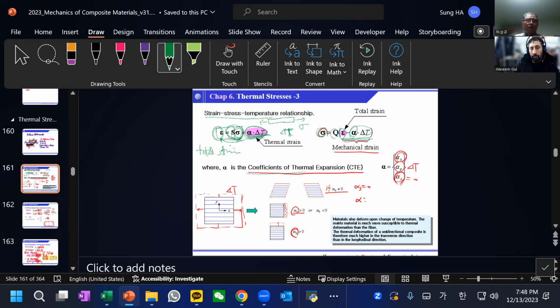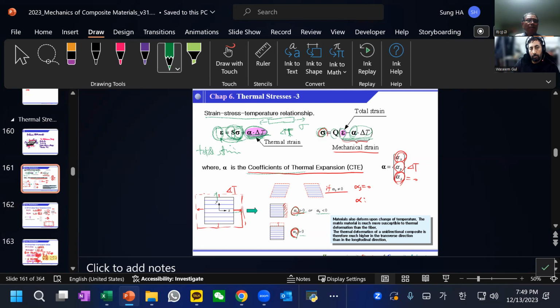The value is different in the X direction, the fiber direction, and the Y direction. So we have alpha X and alpha Y. They are mostly greater than 0, but sometimes they can be less than 0.